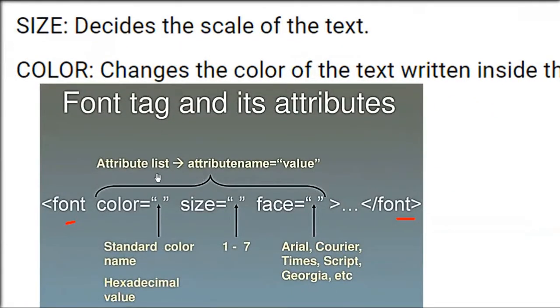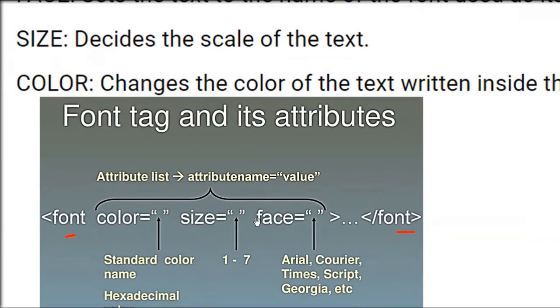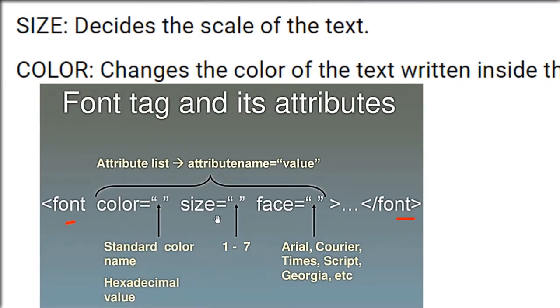So there has to be a /font. When you write font, here you are going to write your content. So how to change the font? Because there are different types of font available. First of all, the attributes include color, size and face. Color, size and face will decide what is going to be the font, its color, and what will be the size of the content.